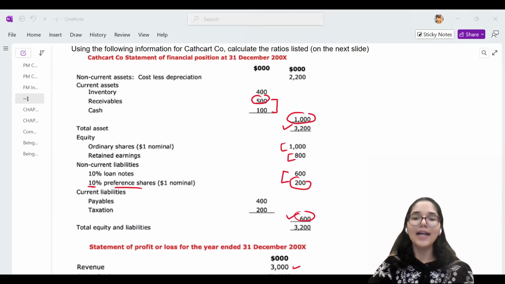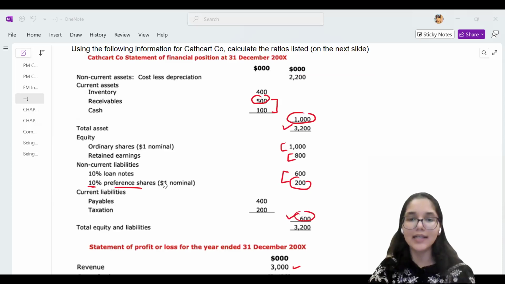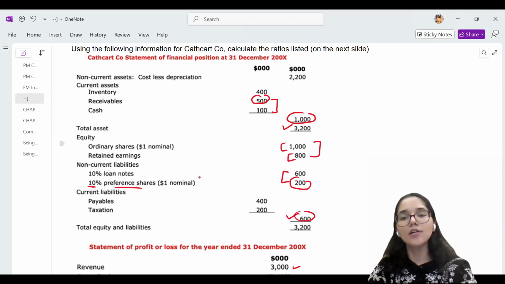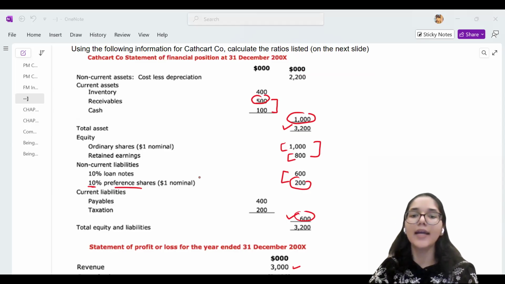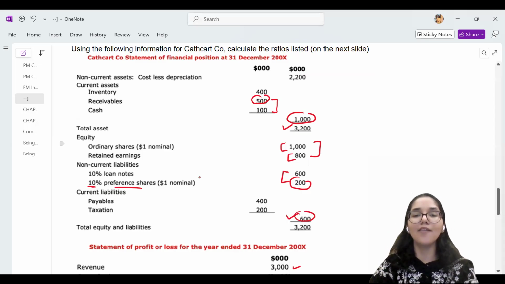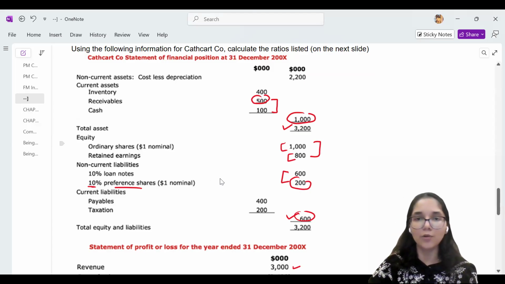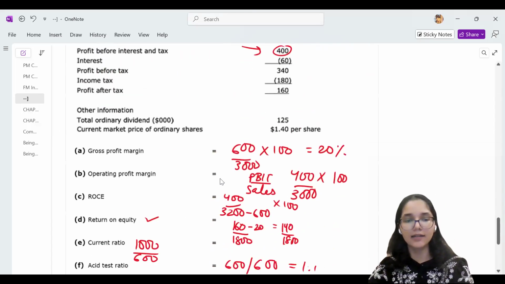And I have to divide this either by the equity itself. Equity total will be 1800. Or another option, which will also be marked correct, is whatever I have as part of my capital employed. Capital employed is all of my total assets minus my current liabilities. So both ways, whatever working you do will be marked as correct.